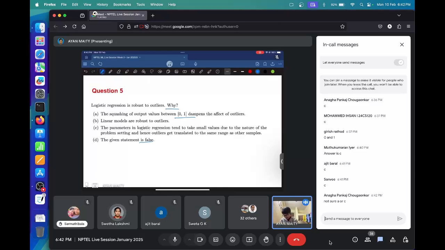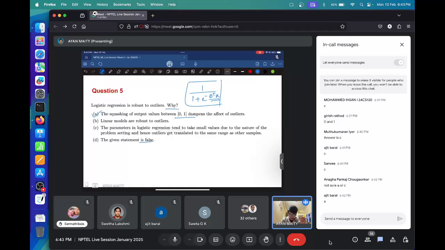The correct answer is option A, that the squashing of output values between 0, 1 dampens the effect of the outliers. So in logistic regression, the output, as we discussed in a previous question, is 1 divided by e to the power minus theta transpose x. So whatever is the value of theta transpose x, this logistic function or the sigmoid function brings it down to the range 0 comma 1.